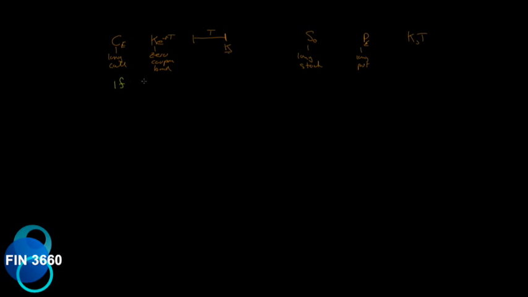If the final stock price is greater than the strike price, we will exercise our call. This will mature at K. We'll use the strike to buy the stock, which means that the value of this portfolio will be ST. If, on the other hand, the stock price is less than the strike price, this will expire worthless, but this will have grown to the face value of K. That's what we'll have left.